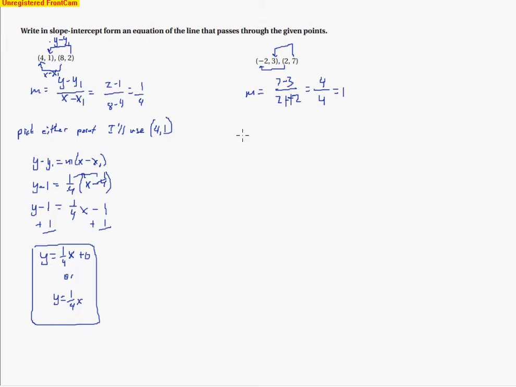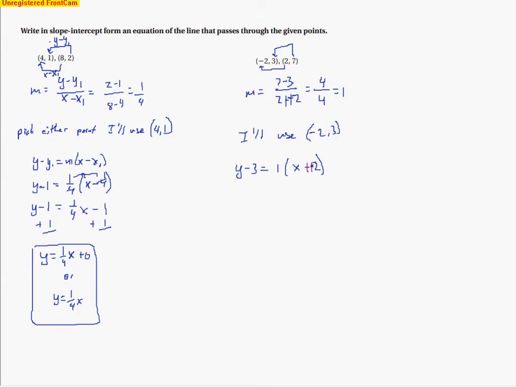And so again, you pick either point. I'll use the negative 2 comma 3 this time. So I substitute into point slope. So y minus 3 equals, and then m, which is 1, times x minus negative 2. So again, you put in that minus negative, you'll see right away that's going to end up making a plus positive.